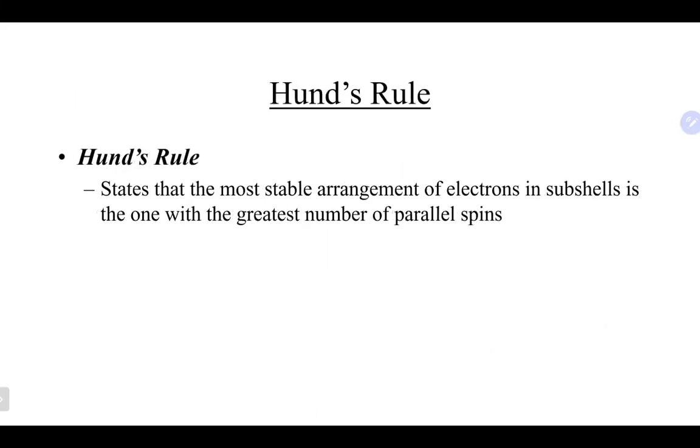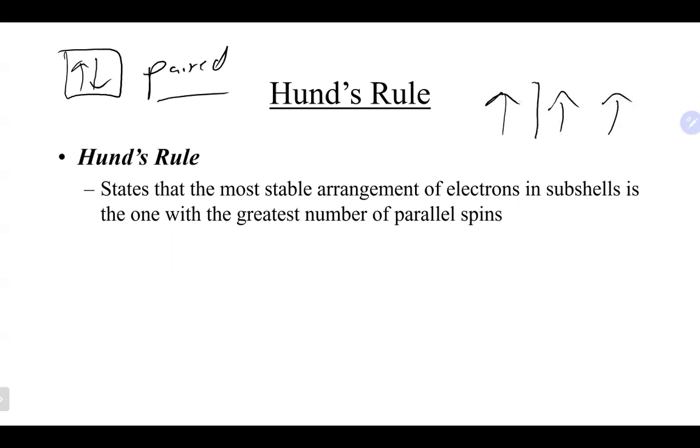Hund's rule basically says that the most stable arrangement of orbitals is one that maximizes parallel spins. If you remember, we saw earlier that electrons going in opposite directions are referred to as paired spins. Electrons all heading in the same direction are referred to as parallel spins.